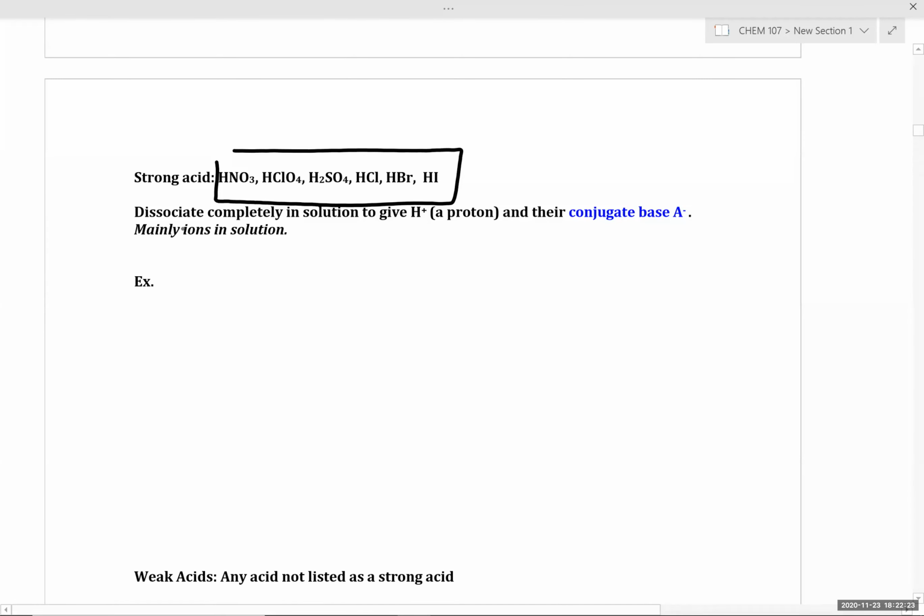Now the main feature of these strong acids is that they dissociate completely in solution to give H plus and their conjugate base. So we have mainly ions in solution. For example, nitric acid will break down to yield H plus and NO3 minus.